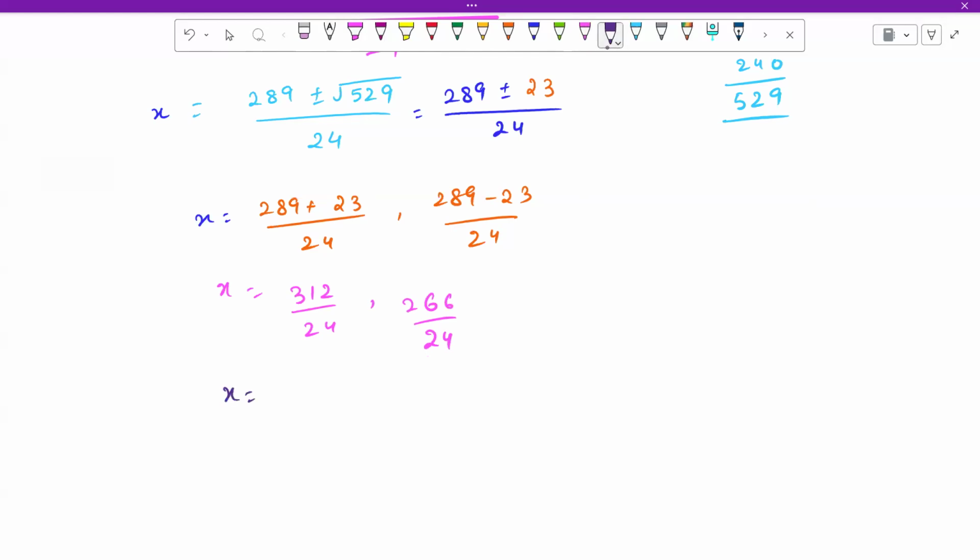So how much simplification can be done of 312 and 24? What is the number that they both can go on?